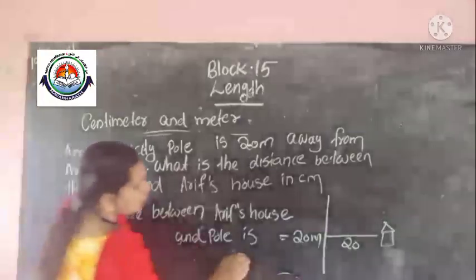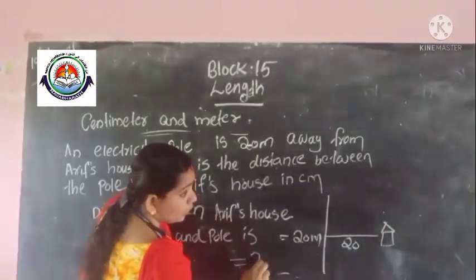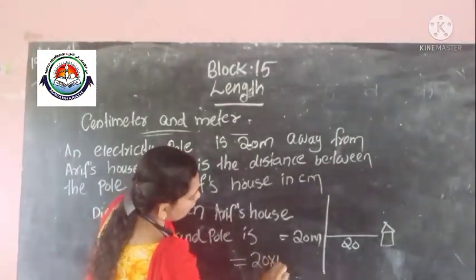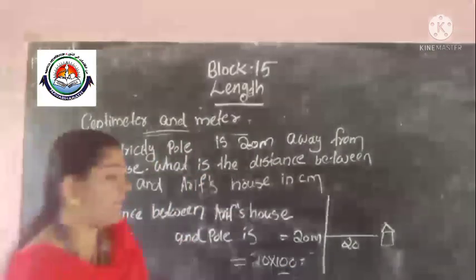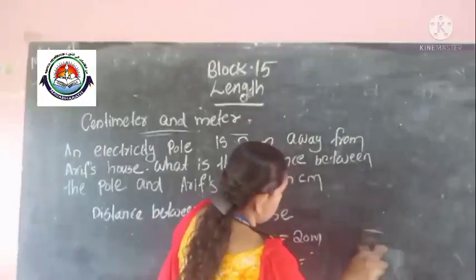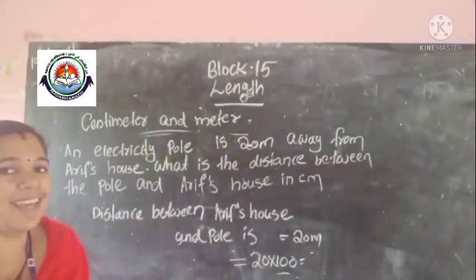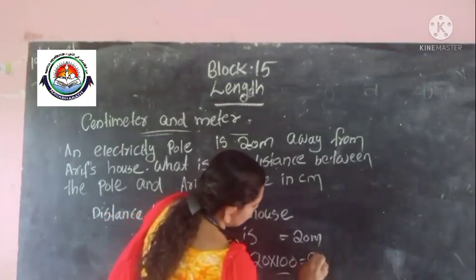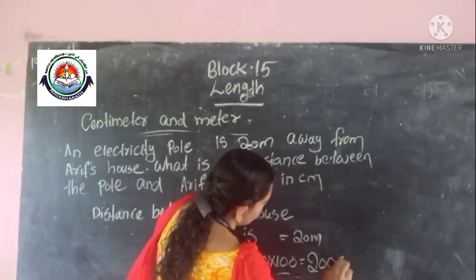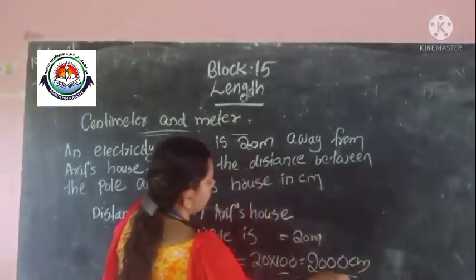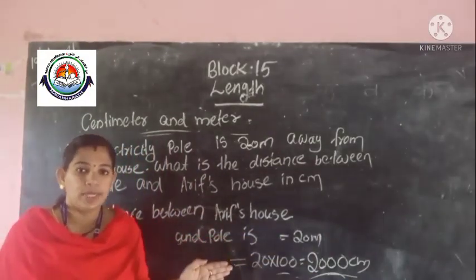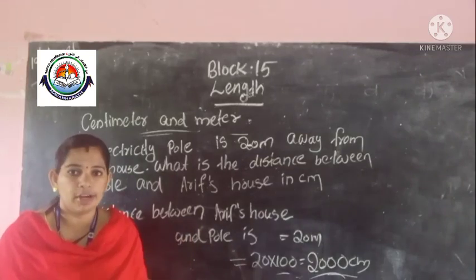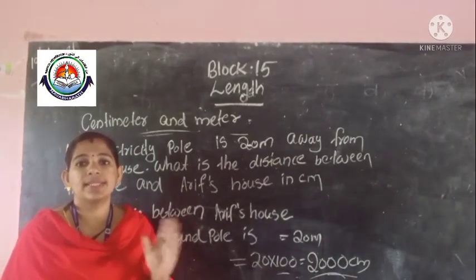So that is equal to 20 meter, means how do you convert? 20 into 100, 2000 centimeter. So 20 meter we convert to centimeter. How do you get it? 20 into 100, 2000 centimeters.